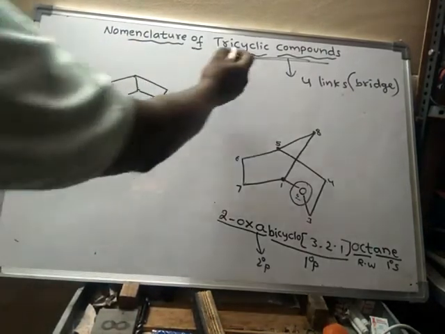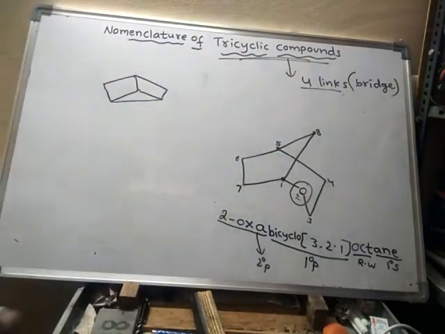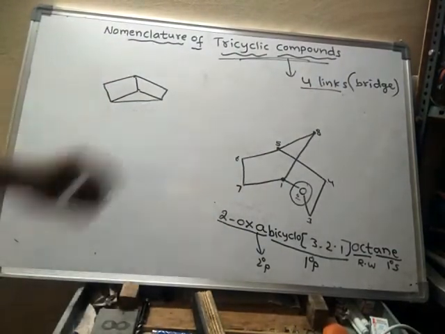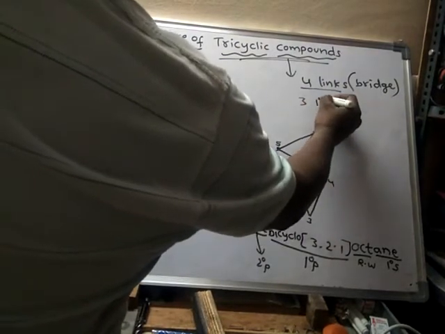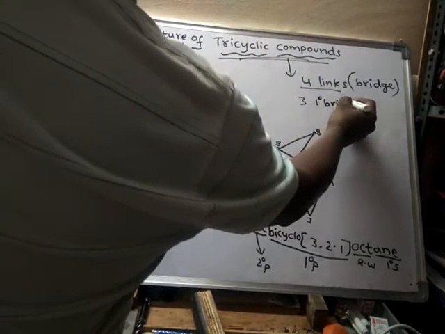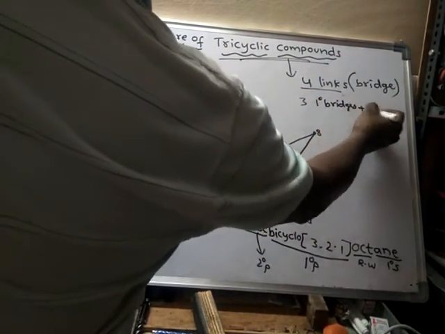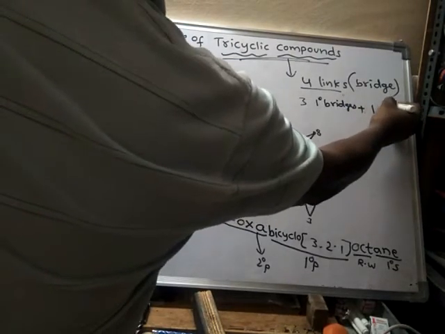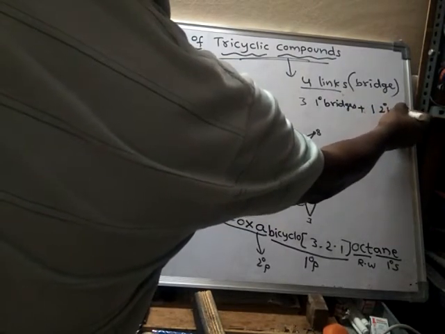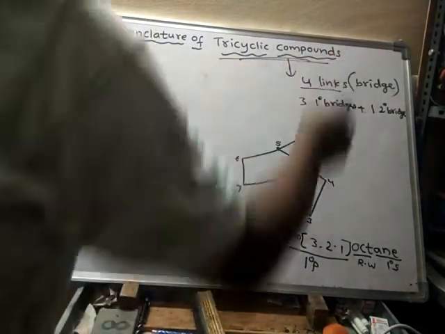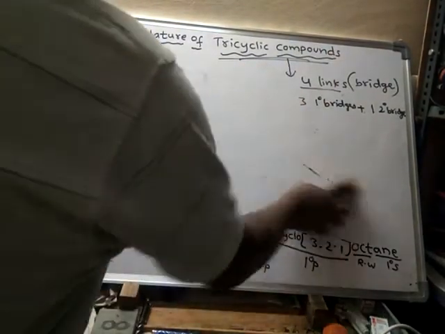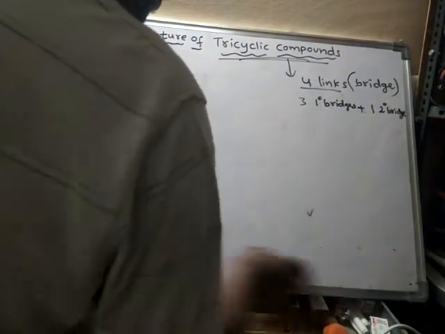So in a tricyclic compound there are four links. Out of four links, three are primary bridges plus one secondary bridge. So in tricyclic compounds there will be one secondary bridge.